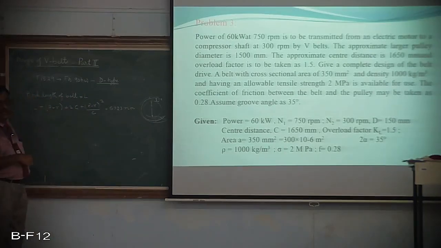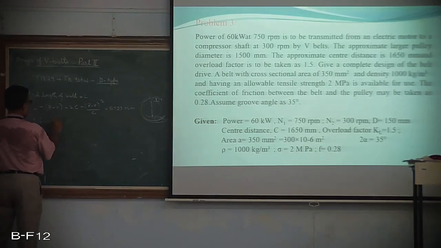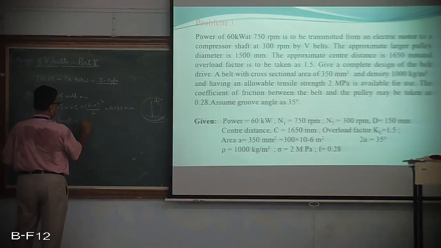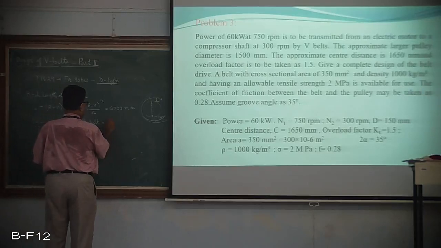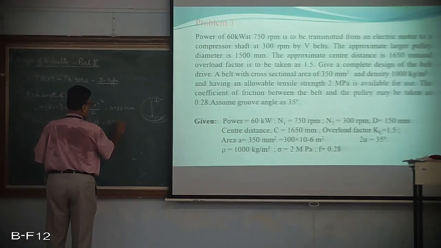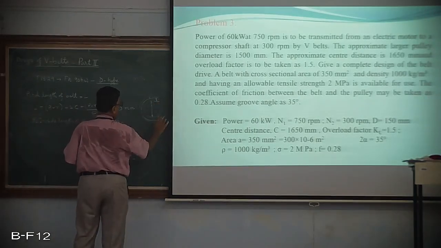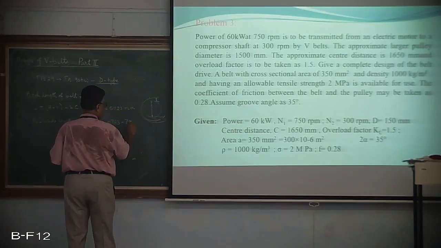So if I deduct 79 mm from both sides, then automatically I will get the inside length of the belt. So the inside length of the belt is equal to 6723 minus 79.